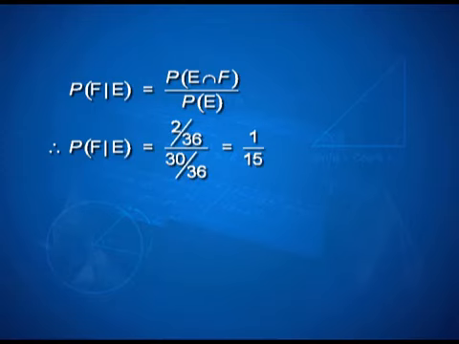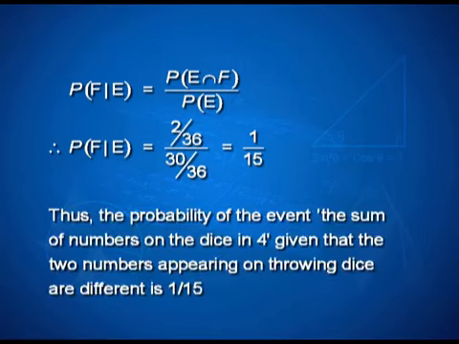If you had thought of this answer directly, considering 2 out of 30 are the possible favorable for F, then that also would be absolutely correct. You can directly write probability of F given that E has happened to be 2 by 30, which is same as 1 by 15.